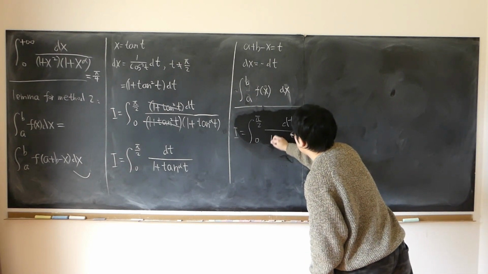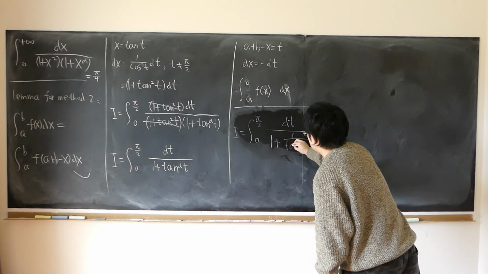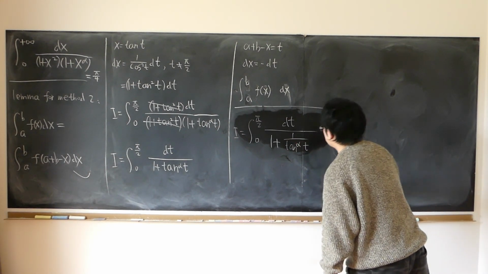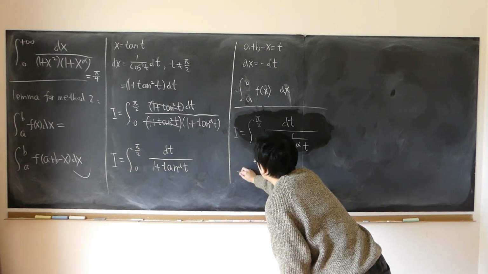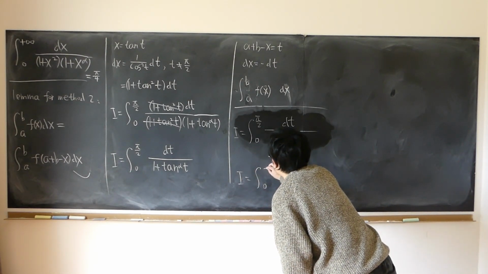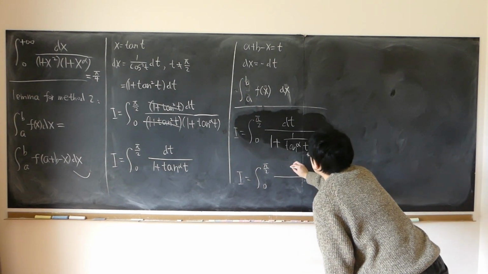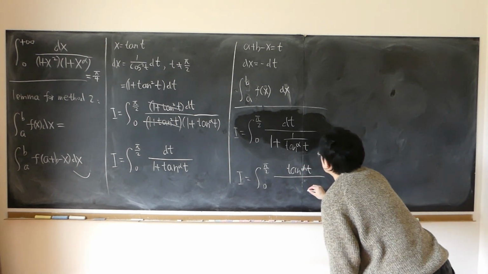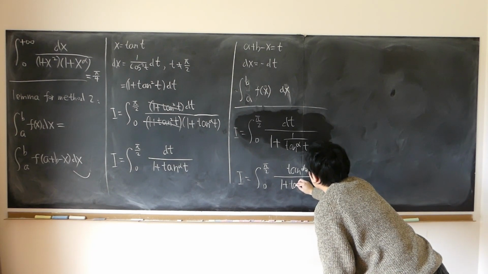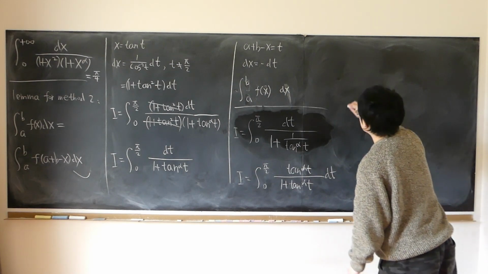So in the end, we have 1 over 1 plus 1 over tangent to the alpha t. With a common denominator, tangent to the alpha, I is really equal to the integral from 0 to half pi of tangent to the alpha t over 1 plus tangent to the alpha t, dt.